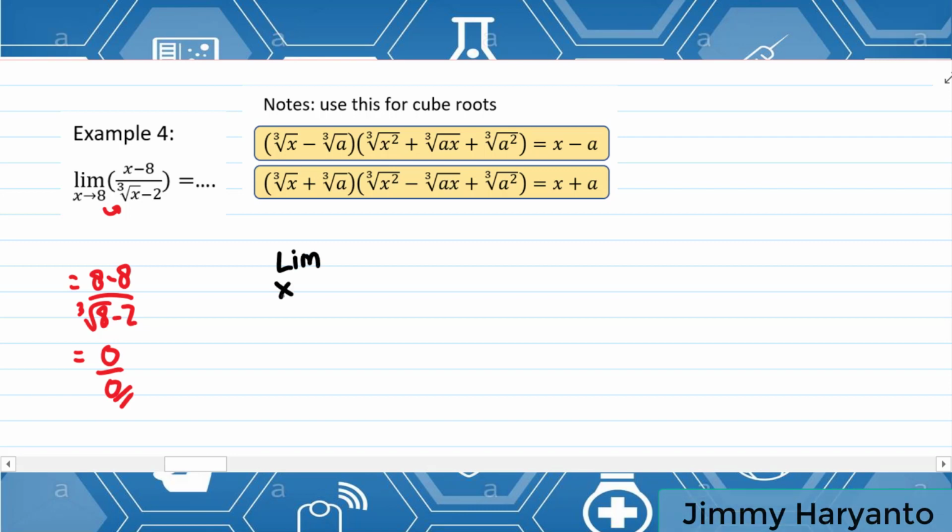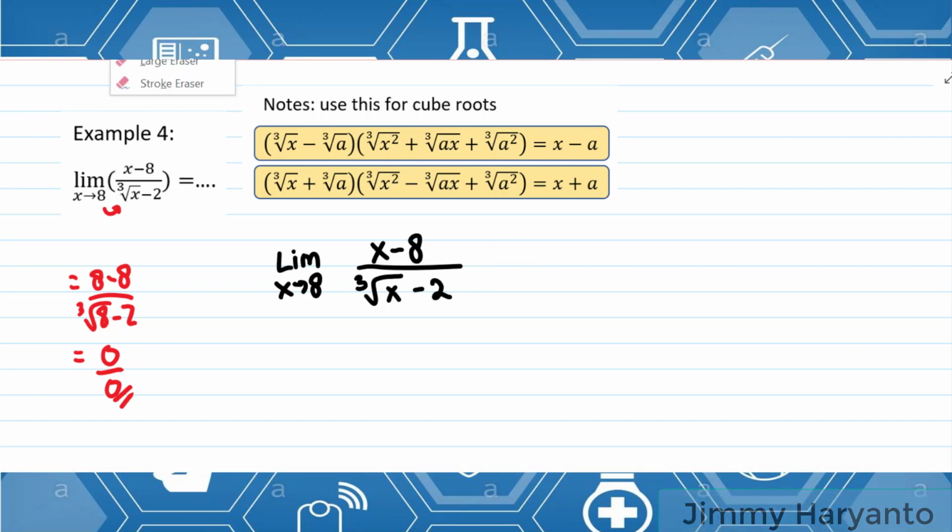Limit x approaching 8, x minus 8 over cube root of x minus 2. For cube roots, you cannot rationalize it with the square root method. So you will need this formula to rationalize it. For the negative one, you can use this one. For the positive, you can use this.